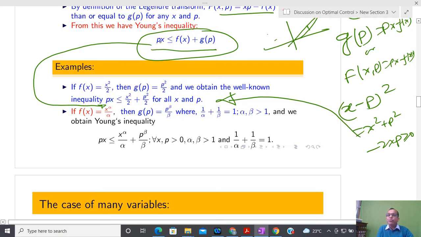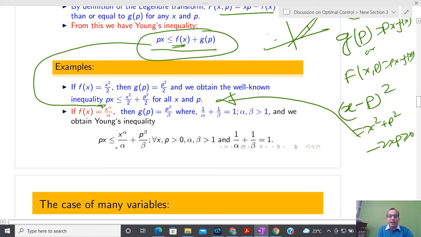Suppose I have two independent variables p and x, so corresponding to p I can select some convex function, and I will get another convex function, and these two are related by the Legendre transformation. And whenever we have to solve some kind of inequality in a control system, several times we use this kind of inequality, so that is also beneficial from that particular point of view.